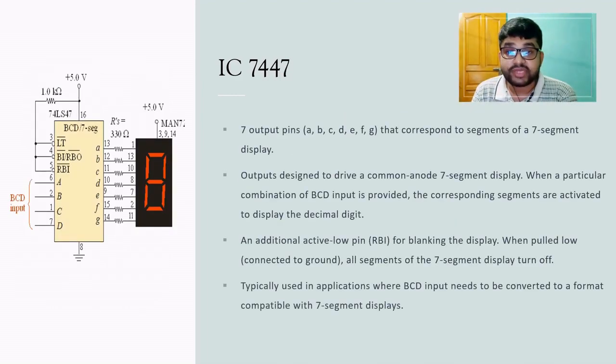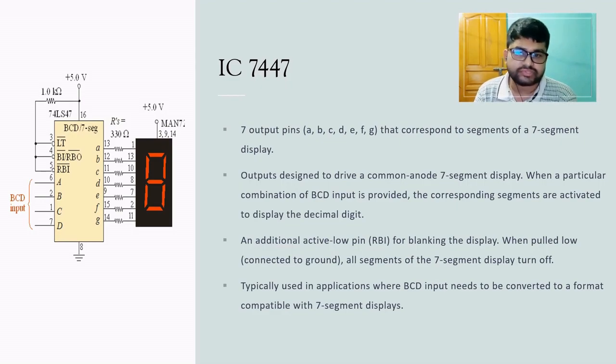After that, I am excited to discuss the specific configuration of IC7447 in our voting system. This integrated circuit is a specialized component known as a BCD to 7-segment decoder or driver. What does that mean for our voting system? Well, IC7447 is responsible for converting the binary coded decimal output of the arithmetic operation into signals that can be displayed on our common anode 7-segment display.